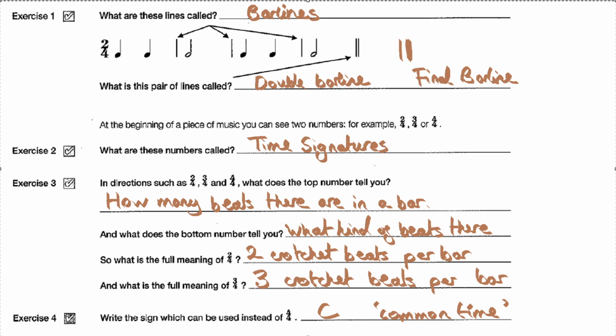So let us consider some bars of 4/4, and I will show you some of the possible divisions of those bars by populating them with some time values. So we could have a semibreve, and if I write the beats in numbers underneath, you will notice that the numbers 1, 2, 3, and 4 always appear.